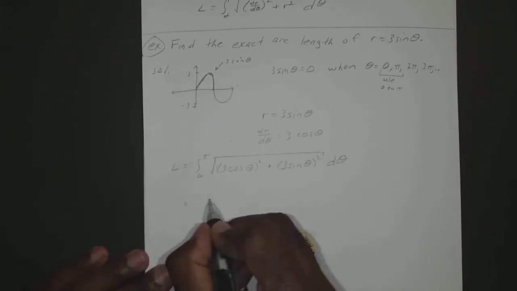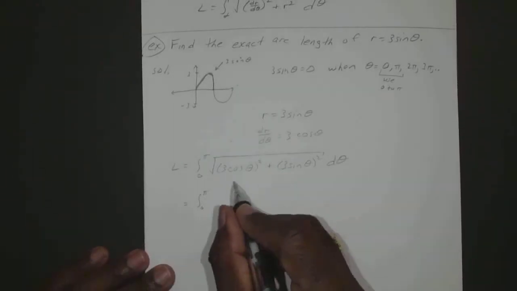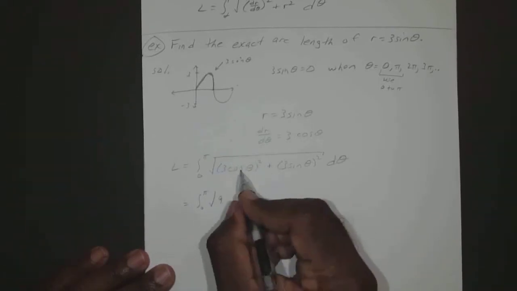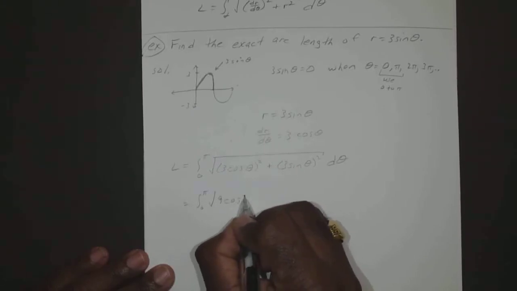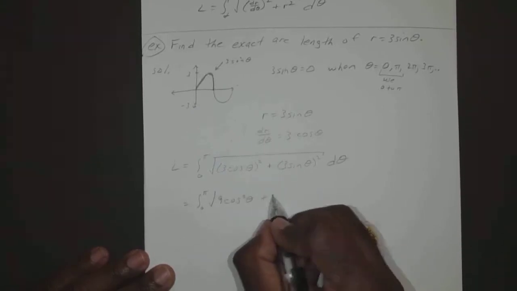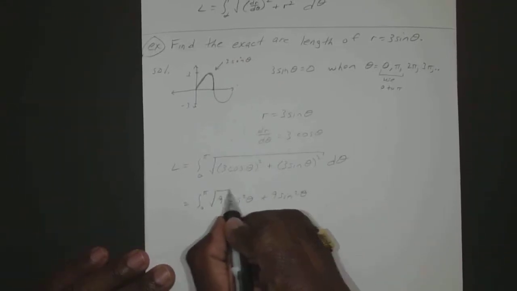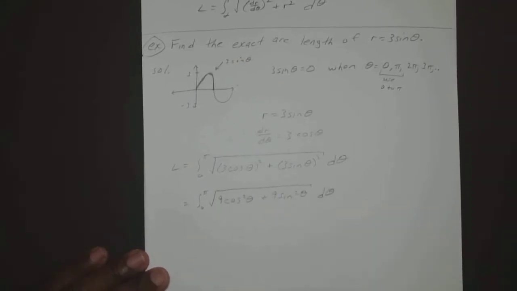Okay, so that's just going to equal, from 0 to pi, the square root of 3 squared, which is 9, cosine squared theta, plus 9 sine squared theta, with respect to theta.